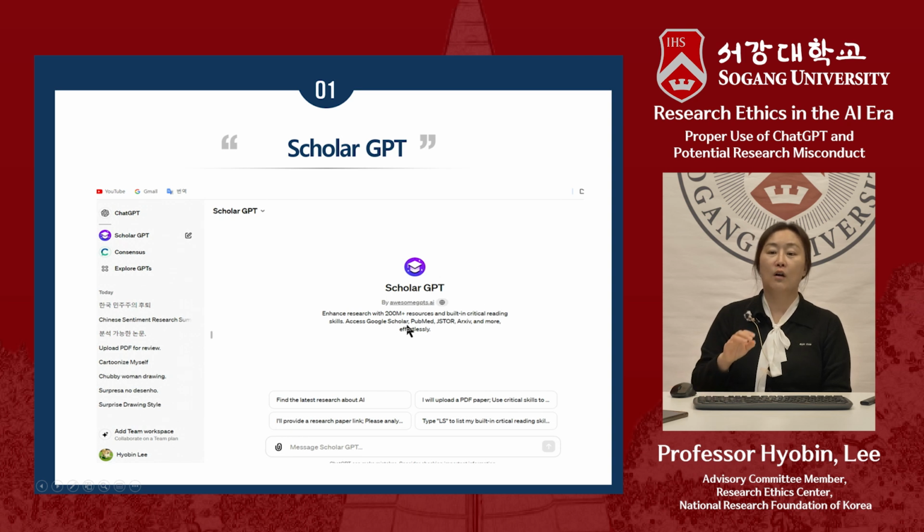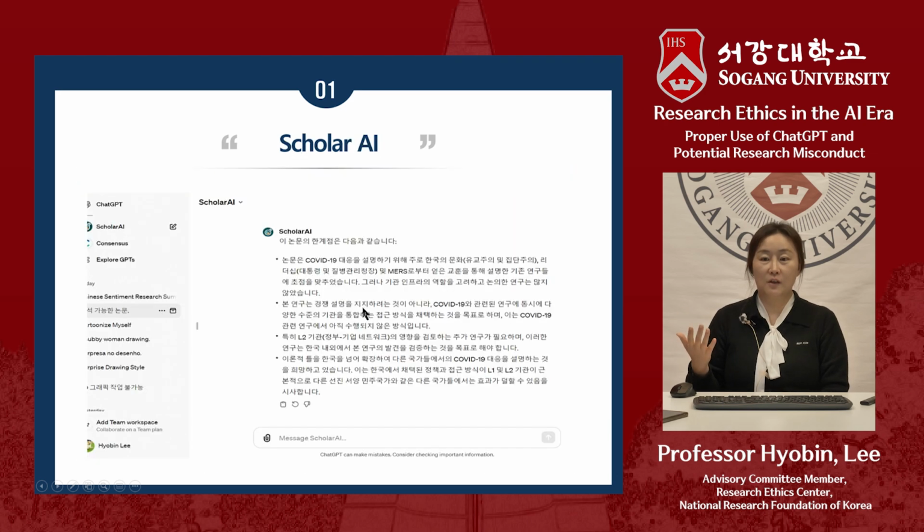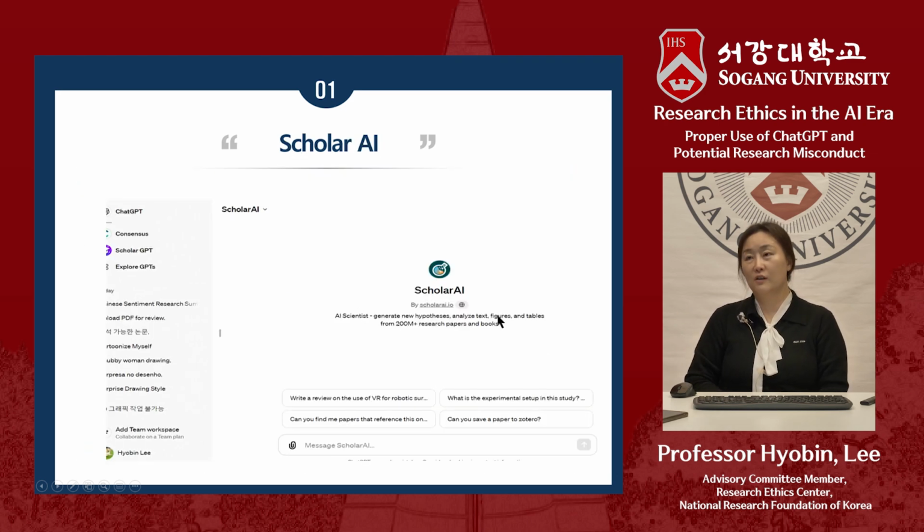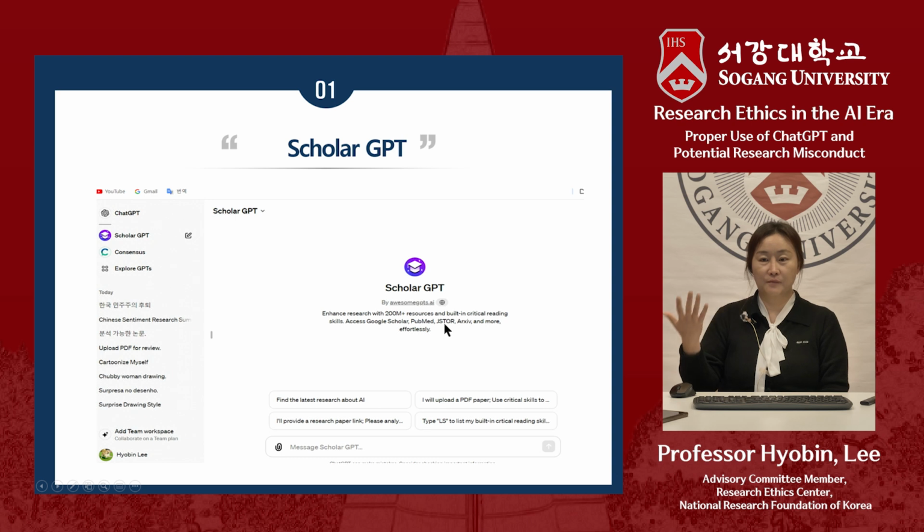So if your goal is much higher than KCI, if you want to publish in an SCI journal and famous journals, then I strongly recommend you use Scala GPT because it accesses the well-known indexes.